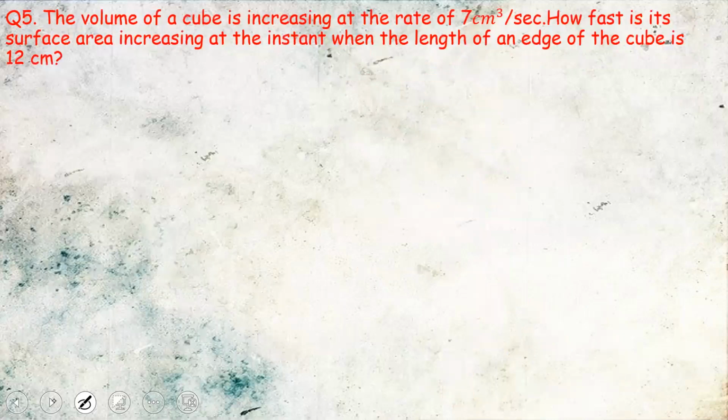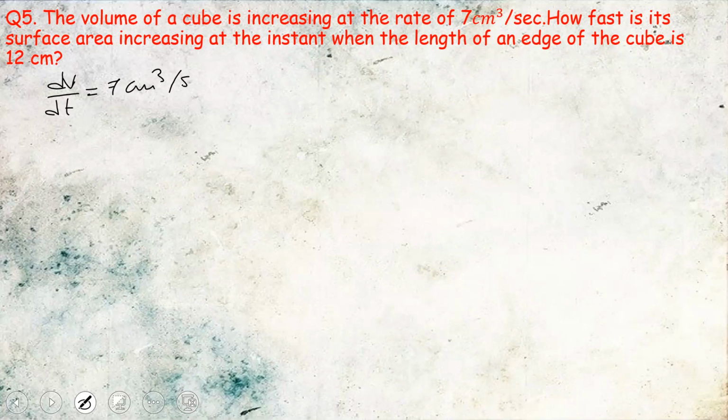Here is your next problem. The volume of a cube is increasing at a rate of 7 centimeter cube per second. So here the increase rate of volume, that is dV/dt, is given as 7 centimeter cube per second.